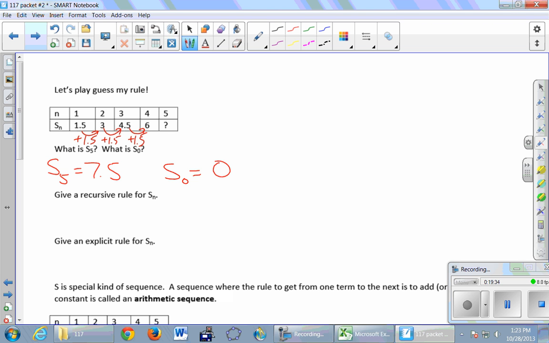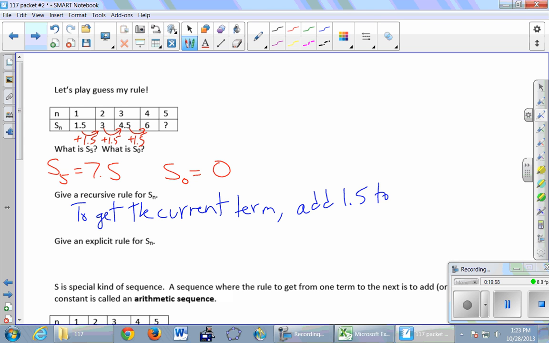Okay, so let's talk about this recursive rule. I'm going to first write it in English, and then we're going to write it in the new symbols. Okay, to get the current term, add 1.5 to what?